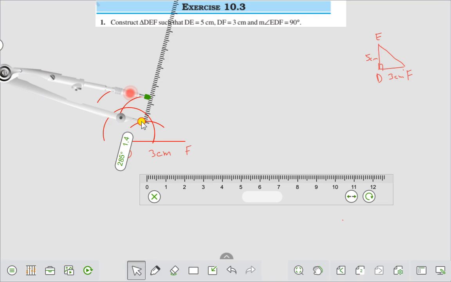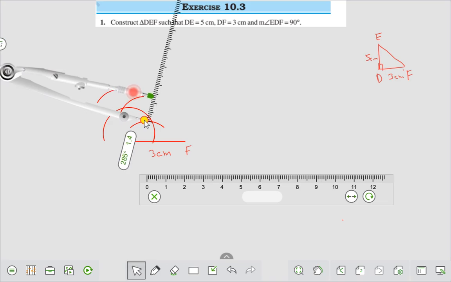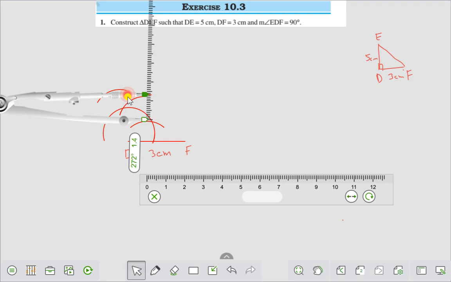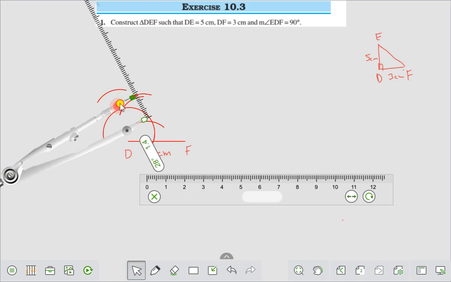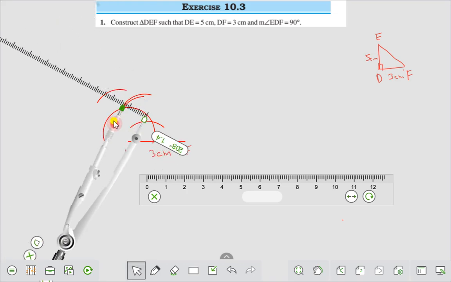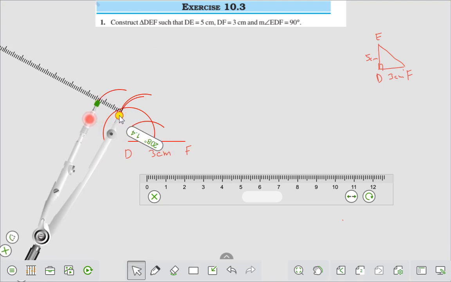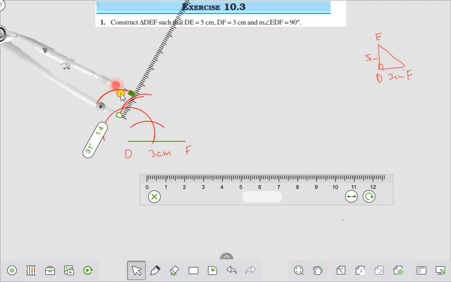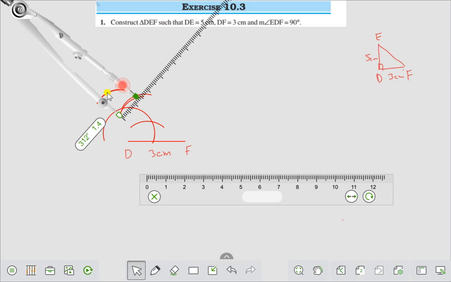From this point, take the 90 degree angle.